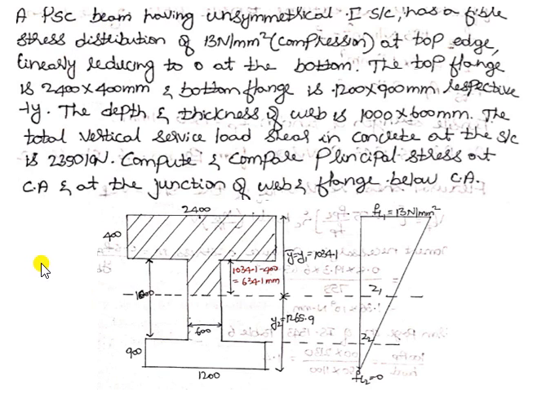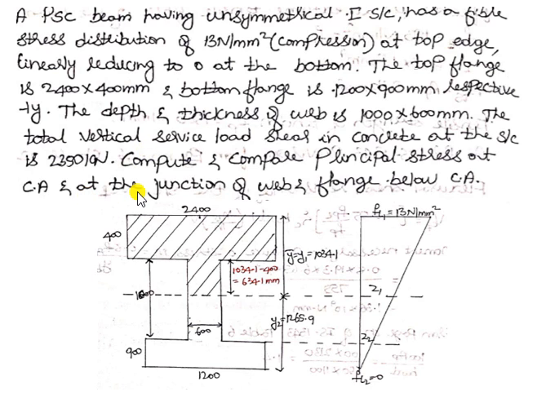So here it is an unsymmetrical I section and the fiber stresses at top and bottom fiber of a section are given. That is FL1 and FL2 are given. FL1 and FL2 means you remember the module 1 where you calculated FU1, FU2, FL1 and FL2.